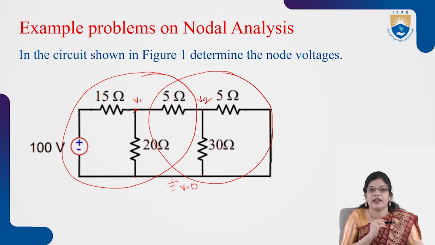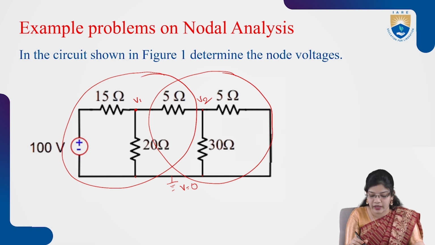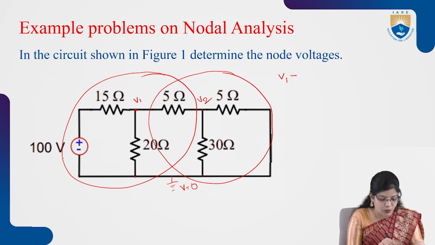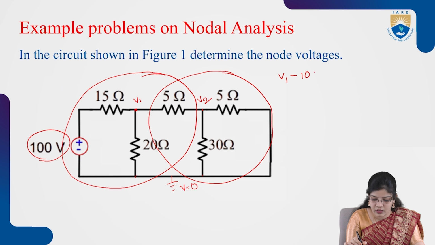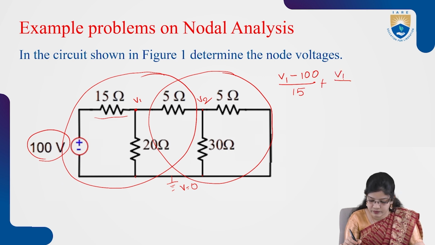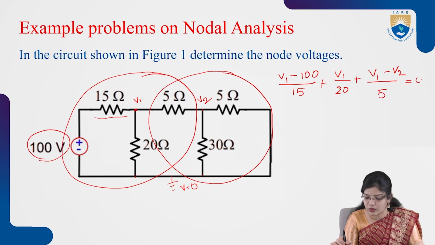For node 1, I write the equation as (V1 minus 100) by 15, since the voltage across this element is 100 and the resistance is 15, plus V1 by 20, plus (V1 minus V2) by 5, equals 0.